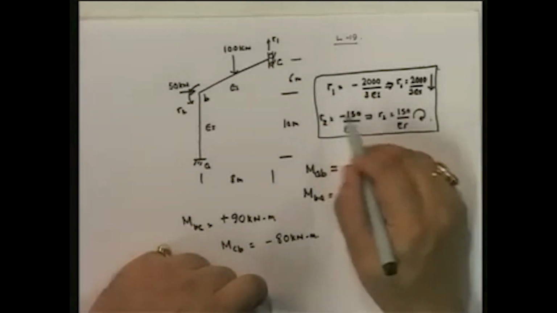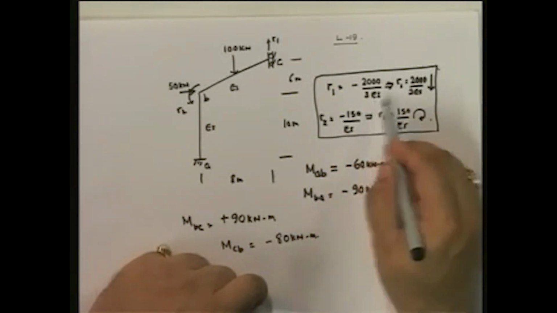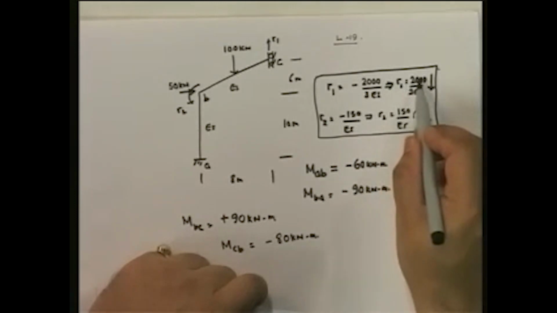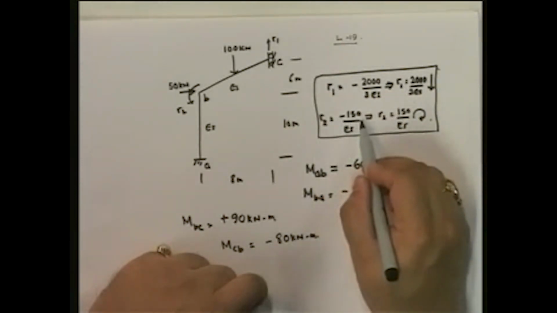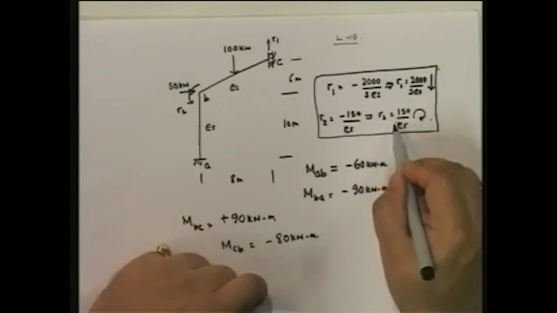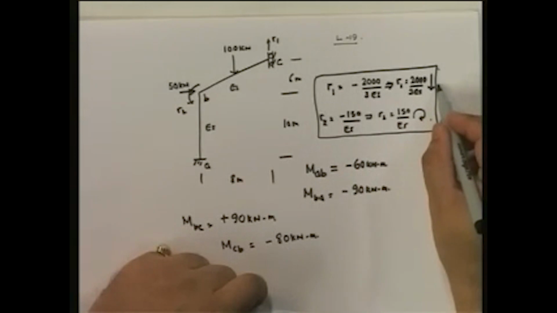When we solved for R1 and R2, we got R1 equal to minus 2000 by 3 EI, which essentially means that R1 is 2000 upon 3 EI downwards. R2 was minus 150 upon EI, which essentially means R2 is equal to 150 clockwise. I hope you've got these answers too. If you have, pat yourself on the back, because you have understood the displacement method reasonably well.